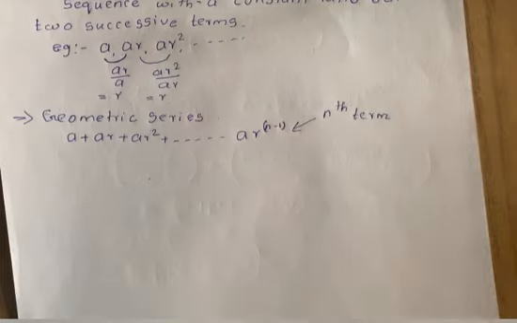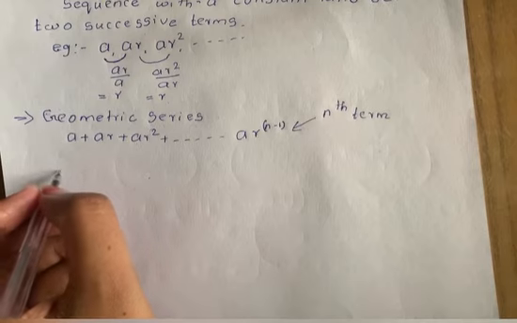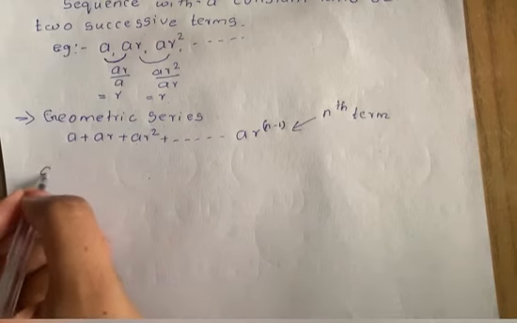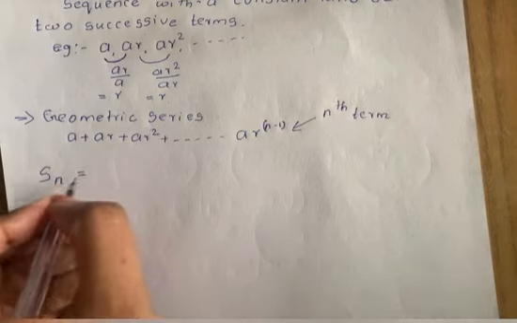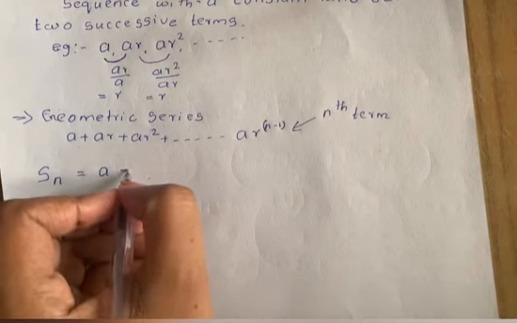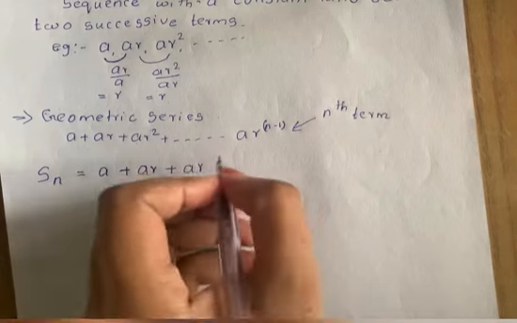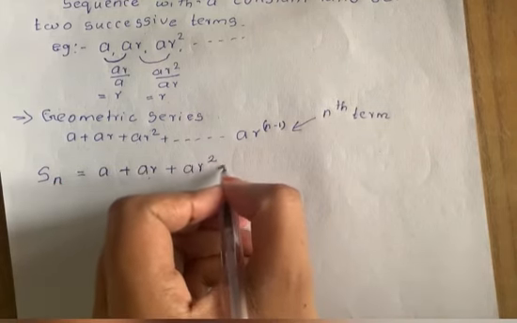Next we have to know about the sum of a geometric series. If we write Sn, we can write it as a plus ar plus ar squared plus, and it goes up to ar to the power n minus 1. That will be our first equation.